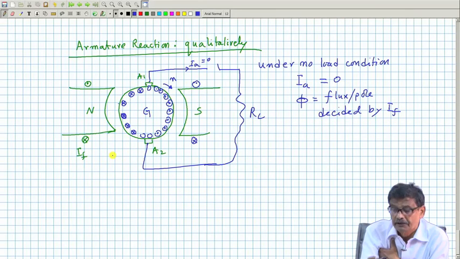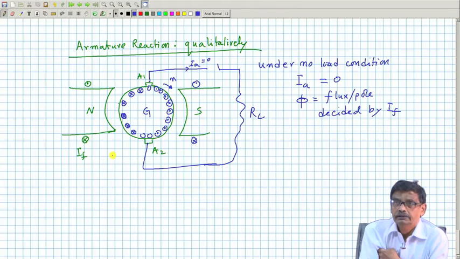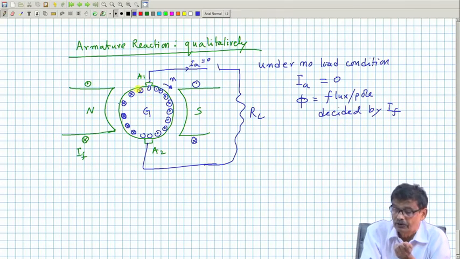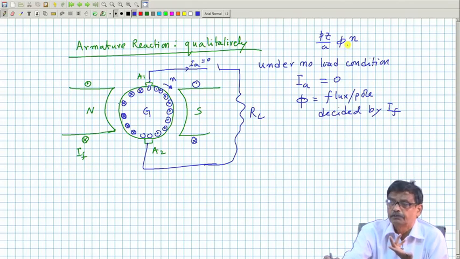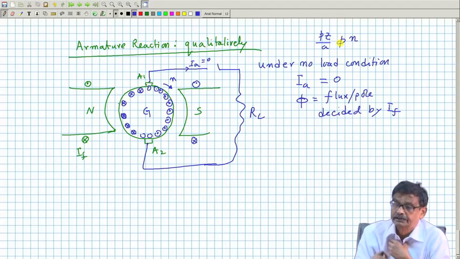So, the armature field and the field produced by the field coil, the resultant of these two is to be now considered to calculate the generated voltage, because the machine conductors do not know, they only know they have to generate this much voltage, phi n, n is RPS, phi is the flux per pole. Whether this flux per pole is disturbed by somebody else, that is the armature in this case, is to be investigated now.